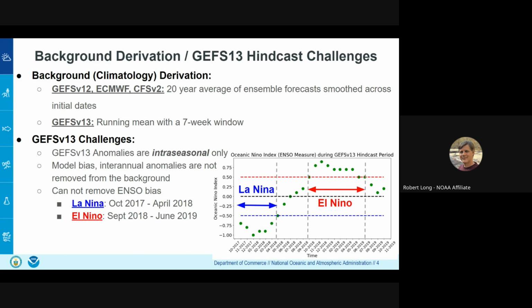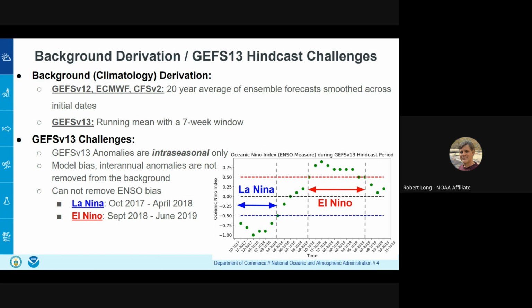My colleague Mingyue performed a similar analysis on this data, and her approach was to prepare the background by using a harmonic truncation of the annual time series. My approach was to use a running mean with a 7-week window. Both methods result in anomalies that are intra-seasonal only. In other words, the model bias and the interannual anomalies are going to be included in the running mean, in our background.